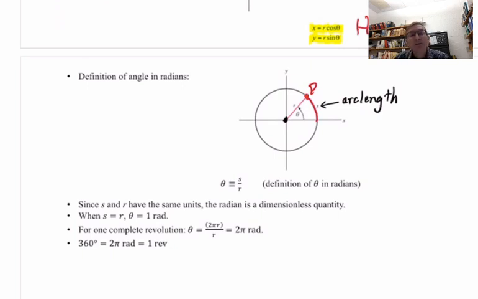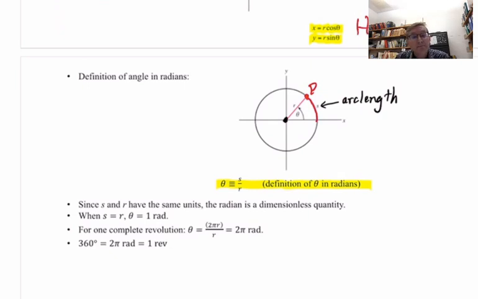Here's the actual definition of an angle theta in radians, such as the angle theta you see right in that picture. That angle theta goes with the arc length s and the radius r. And the definition of theta in radians is this line right here. The angle theta in radians is defined to be the arc length s divided by the radius r that you see in that picture.